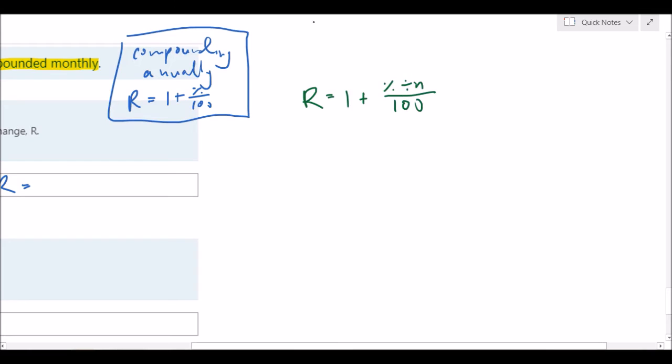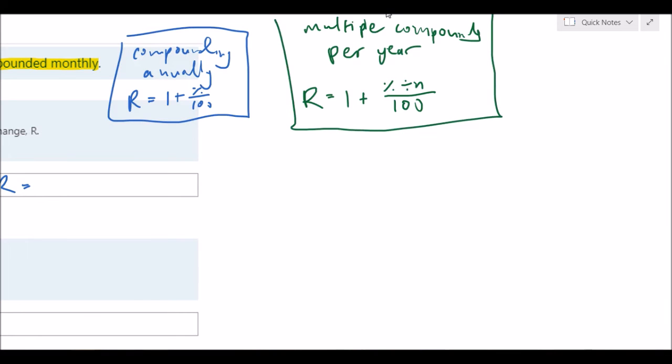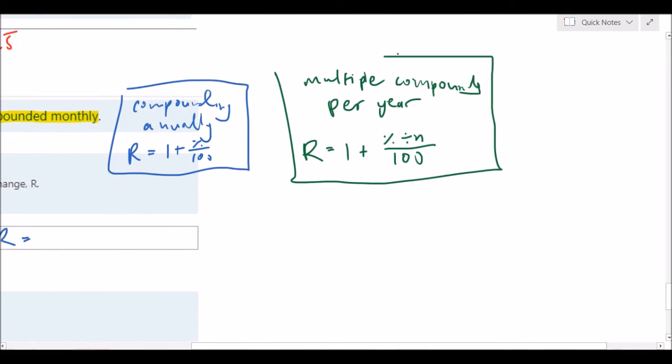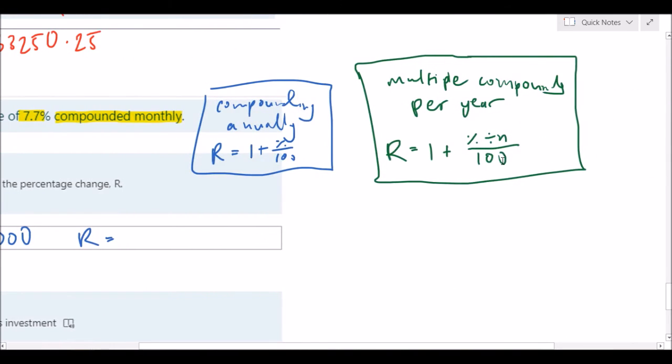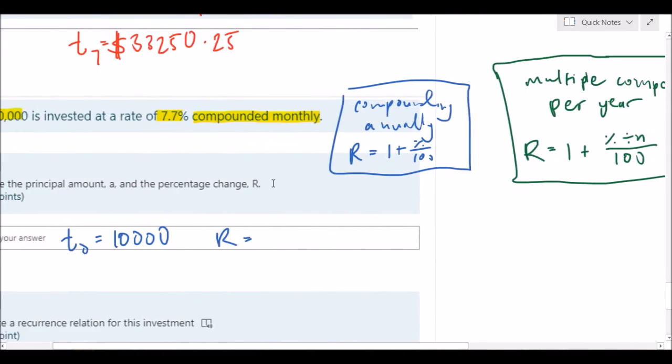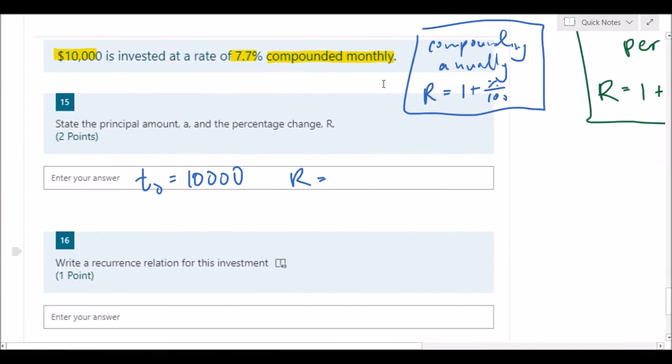This is multiple compounds per year. So just keep that in mind. If you're compounding only once per year, we use the formula in blue. But if you have multiple compounds per year, so when you see the word monthly, weekly, daily, that's when you use this.